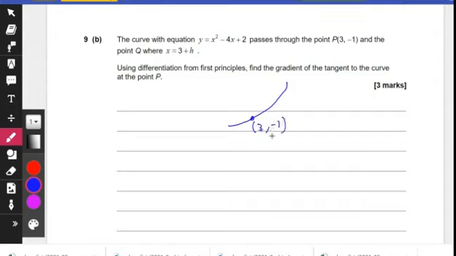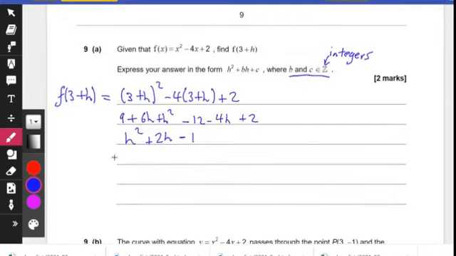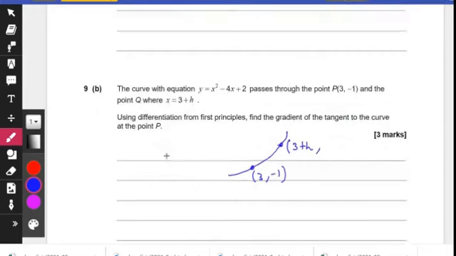Differentiation from first principles requires that you use 2 points. So your other point is going to be 3 plus a little bit more, namely 3 + h. And then the y coordinate is going to be, when you put 3 + h into y, notice how it's the same equation as before. So the answer to part A will be our y coordinate, h^2 + 2h - 1.